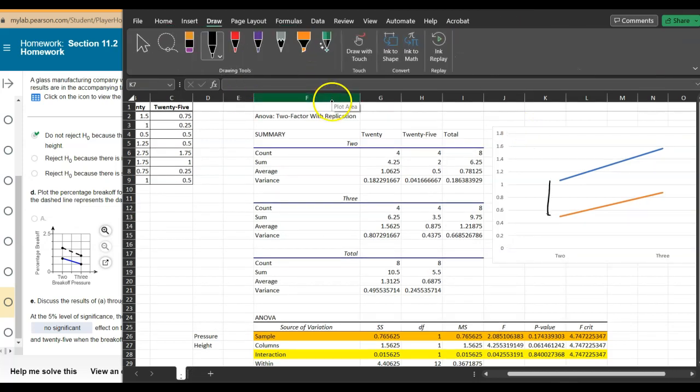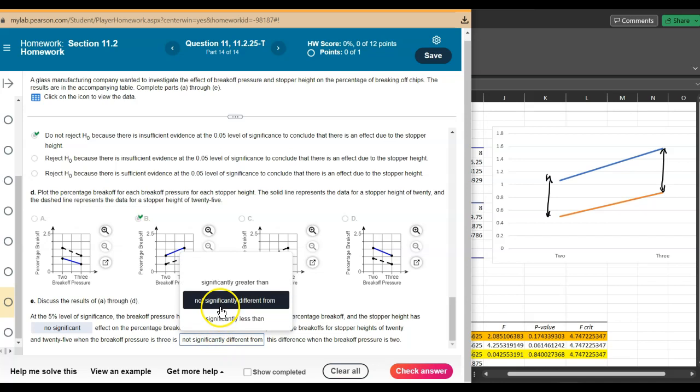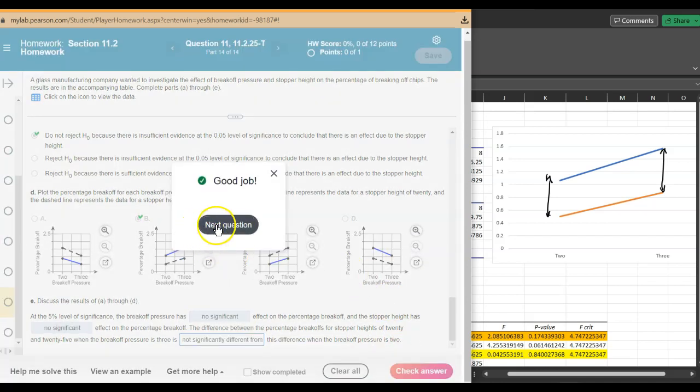We are looking for the difference here and the difference here. So the difference between the values when it is 2 and the difference between the values when it is 3. And we can notice here on the chart, they are almost the same. All right, so there is no difference. So we can select no significant difference for this one. Okay, we got it.